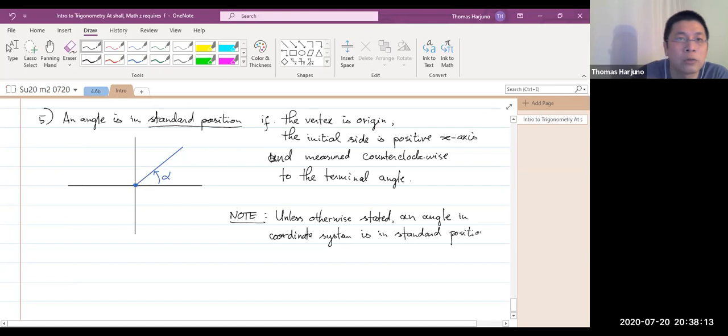I'm sorry, I wrote something wrong up here. It's supposed to be terminal side. So this is what we call the terminal side. This is terminal, and this is initial. So the initial side is the positive x-axis, going counterclockwise to the terminal side.